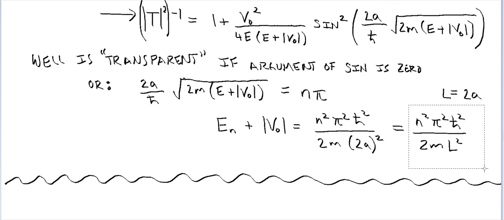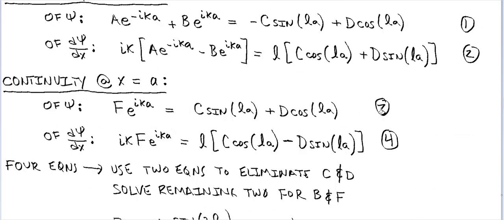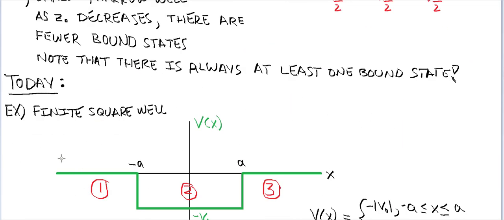And so we could say that E plus V naught is equal to n squared pi squared h bar squared over 2mL squared, where n is some integer. Again, we have these quantized energy levels where the wave passes straight by without getting reflected at all.